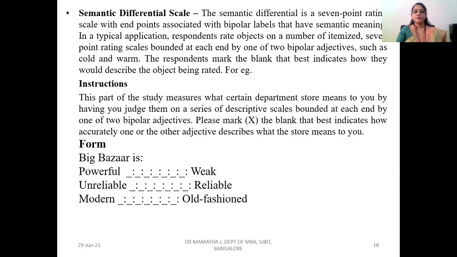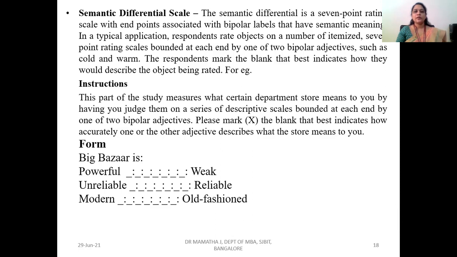Okay, so coming to the next type of scale, that is the semantic differential scale. Semantic differential scale, also called SDS, short form SDS. Here, this is a 7-point rating scale with endpoints associated with bipolar labels. It will have 7-point rating scale items, with each statement having bipolar endpoints.